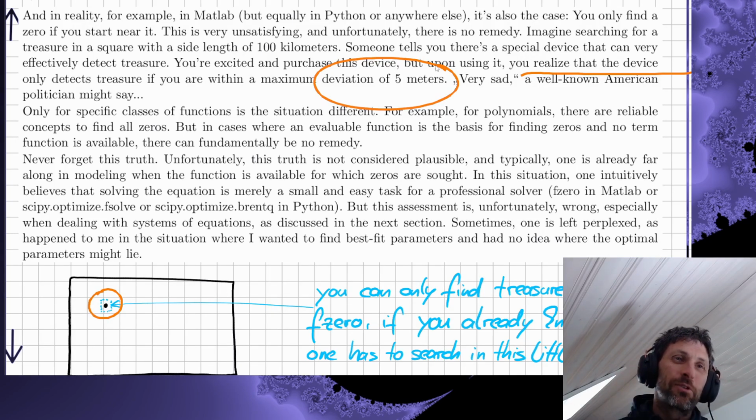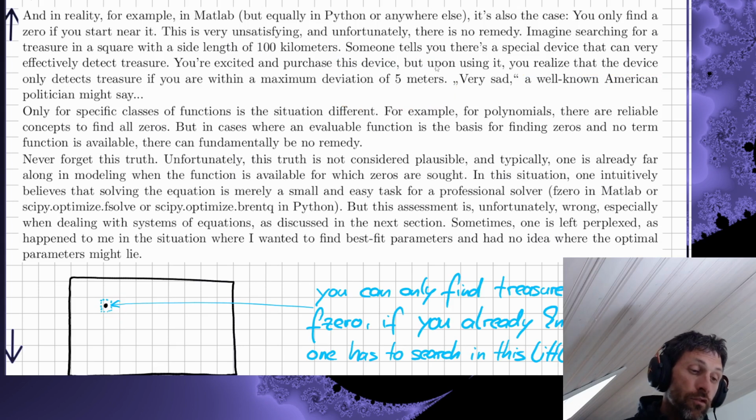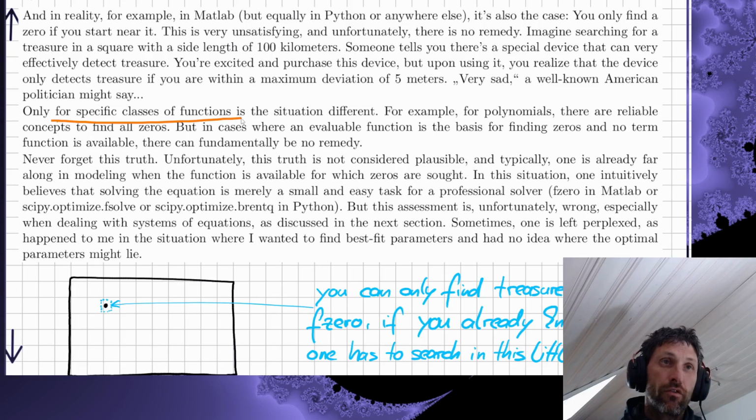But you need to be within a range of 5 meters, and in a square of 100 kilometers you have no chance. It's unsatisfying.